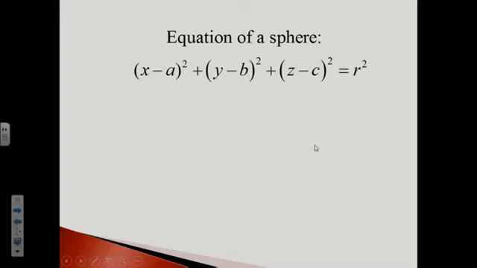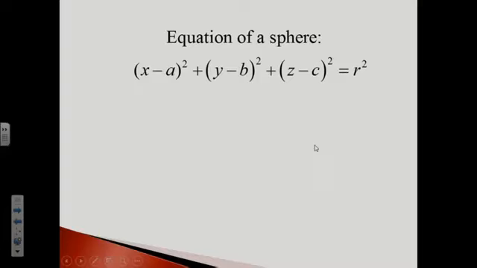Using the formula for the length of a vector, we can set up the equation of a sphere. A sphere is defined as the collection of all points located a fixed distance, called the radius, from a fixed point, called the center. In particular, if P(x, y, z) is a point on the sphere with radius r and center C(a, b, c), then the distance from C to P is r.